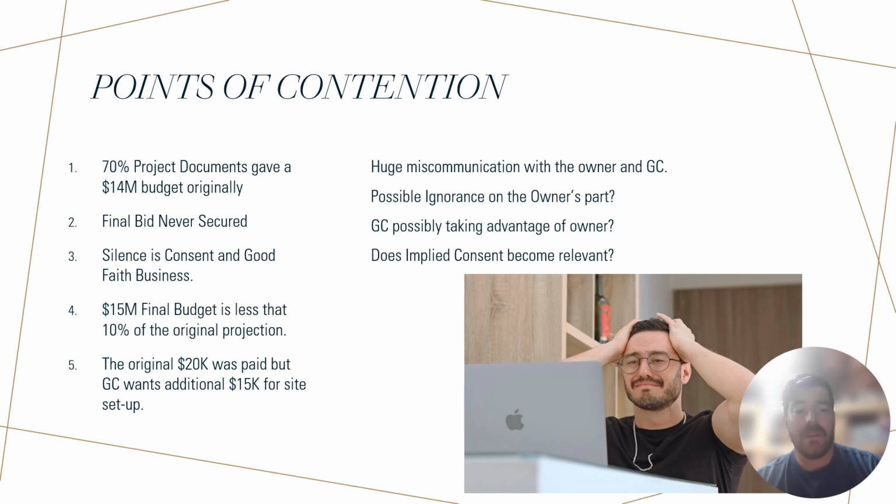We have a $15 million final budget based upon the revised complete documentation, and this is less than a 10% increase of the original $14 million projection. So, I mean, what's another $1 million on top of 14, especially when you only have 70% for the first budget. We have the original 20K was paid, but the GC wants an additional 15 for the site setup.